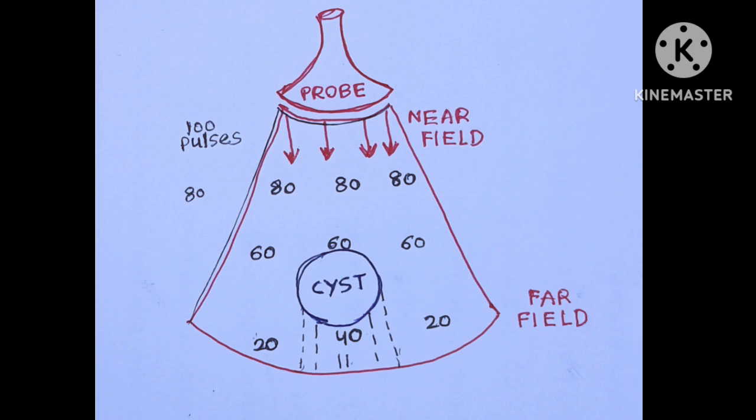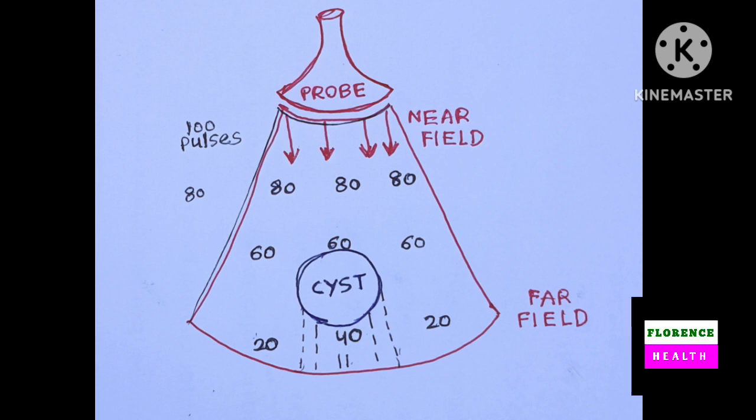This area has more resolution, more echo. It looks brighter than the surrounding area. This is enhancement. This is posterior enhancement.